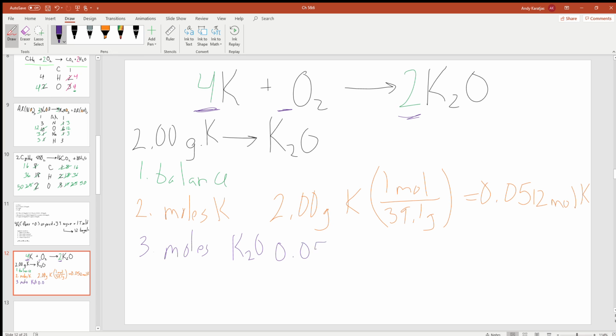So we take our moles of potassium and we use our coefficients as a conversion factor. So moles of potassium oxide goes on top, moles of potassium on the bottom. That way our units cancel. And we get our moles of product.